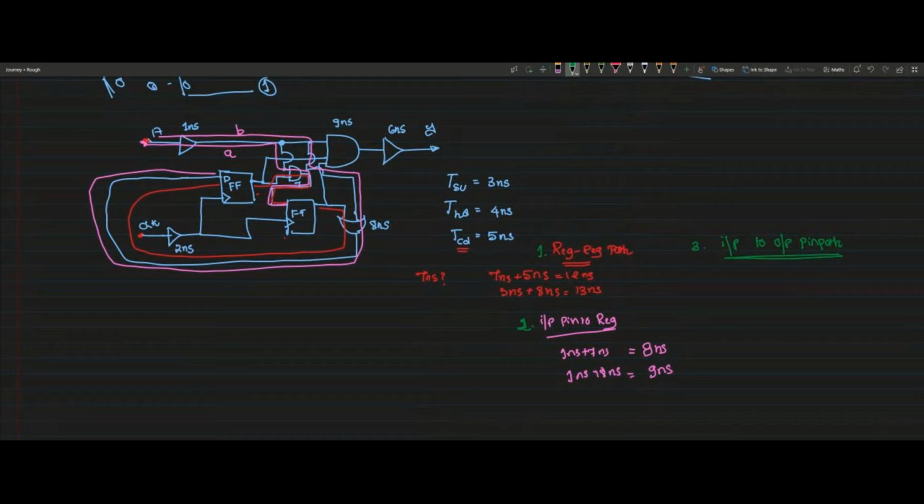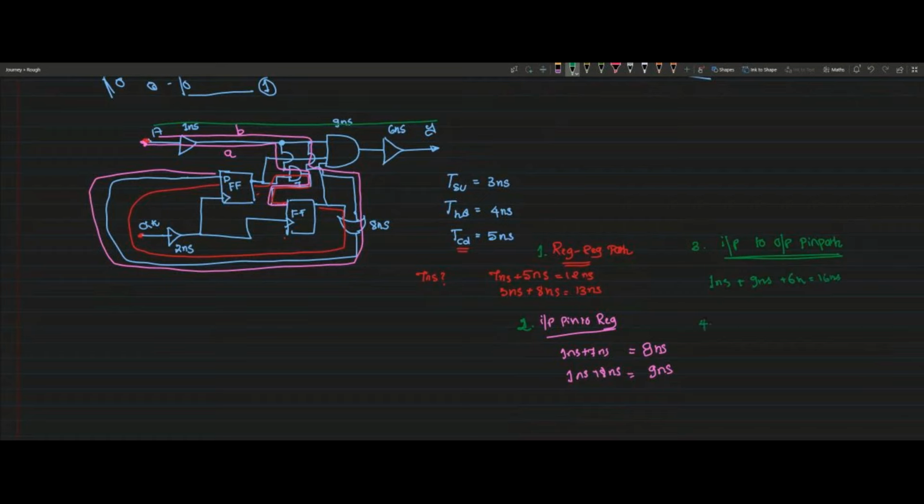Yes, this path, straight. So what is the delay of that? 1 nanosecond plus 9 nanosecond plus 6 nanosecond. So this is 16 nanosecond. This is another path.